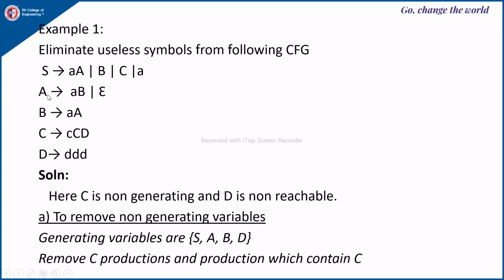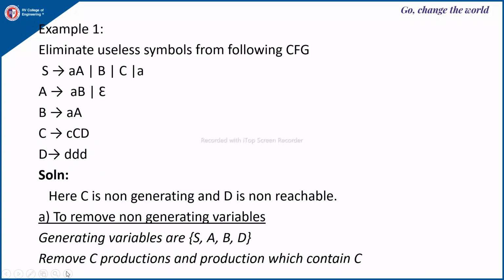S is generating, A is generating, B is generating, and D is also generating because on the RHS you have only the terminal symbol. So the one left out is C.